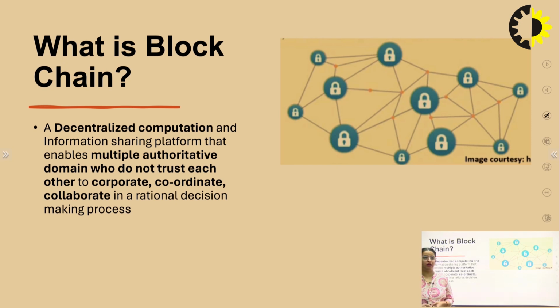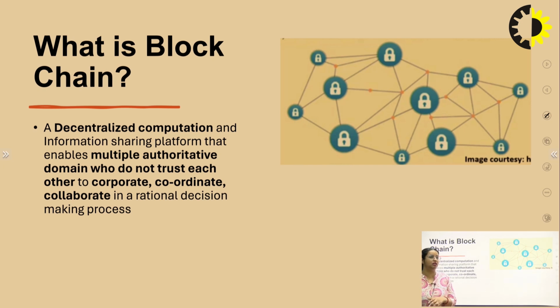Basically, blockchain is an emerging technique that is very famous today because of its popular features. It works on decentralized computation. That means, focusing on the word decentralized, before decentralization we were working with a centralized system.